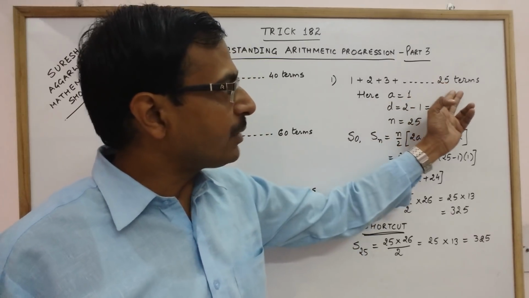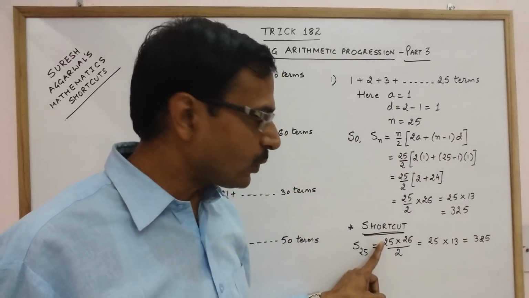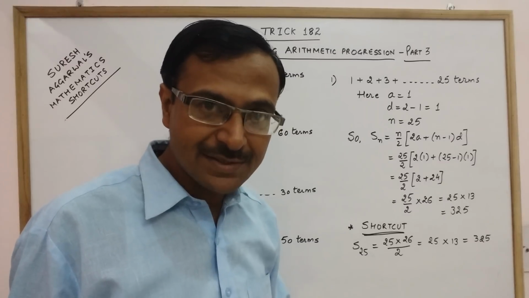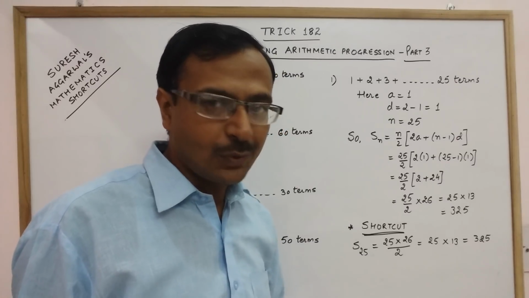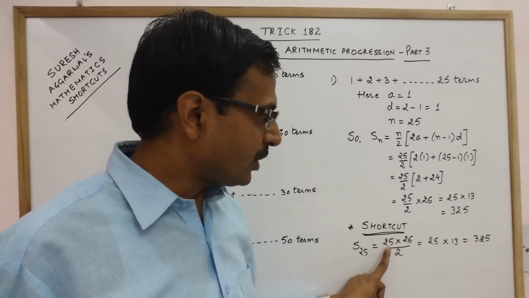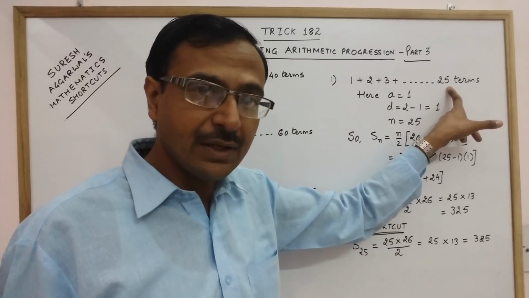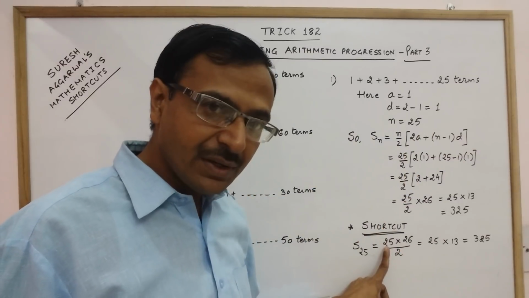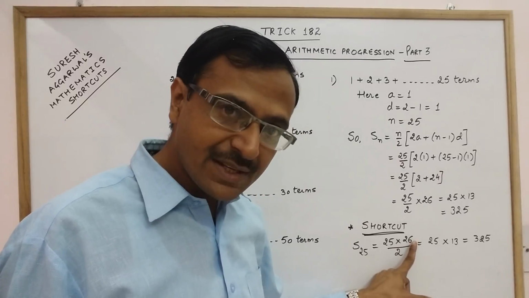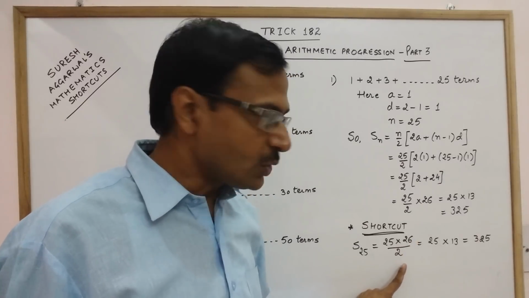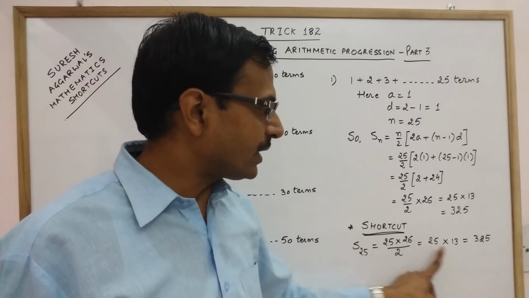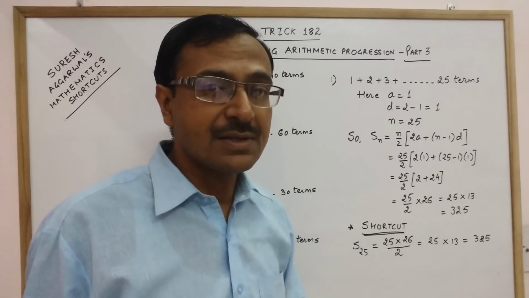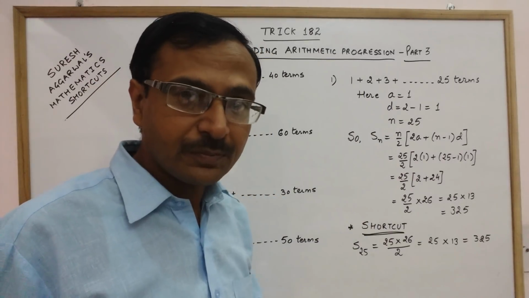How many terms do we require? 25 terms. So start with 25, multiply it with its consecutive number, that is 26, and just divide by 2. So if you cancel 2 and 26, you get 13. So 25 into 13 will give you 325, which is the direct answer for this problem.